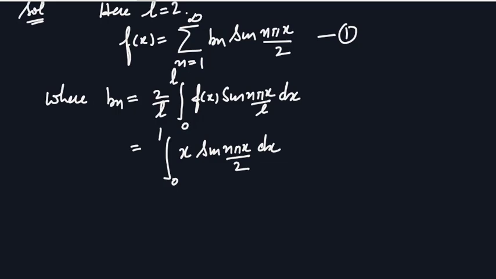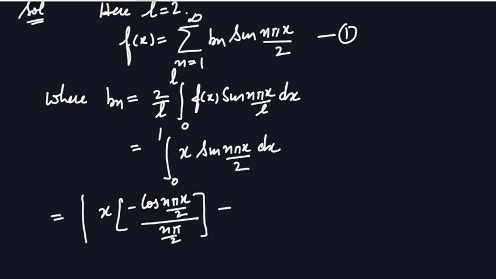Because L is 2, I should write 2 here. Now how can we evaluate this? We can integrate it by using the formula of u into v. First function as it is, x. Integration of the second function: integration of sine is minus cos of n pi x by 2 divided by n pi by 2.